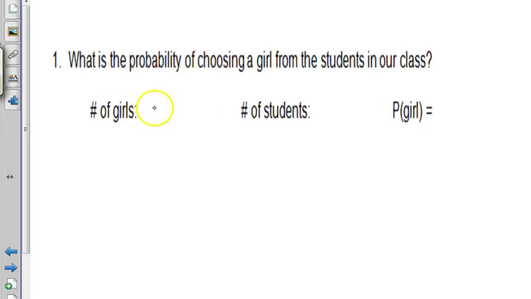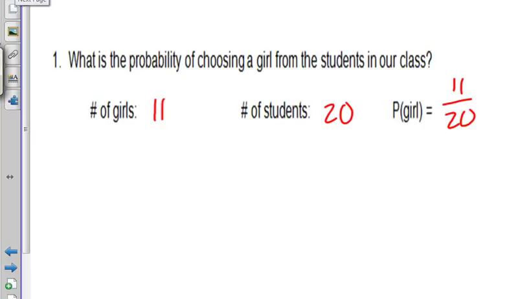Well, let's go with 11 out of 20 just to be done, okay? So our probability would be 11 out of 20. That's actually a theoretical probability, right? Because we didn't do an experiment. We just said out of the total possible, okay? It doesn't really matter at this point.